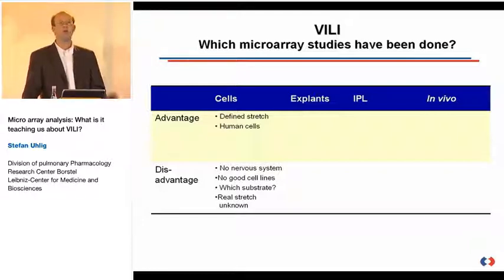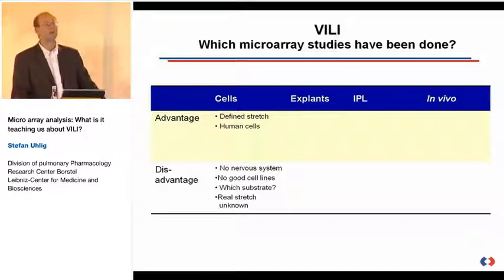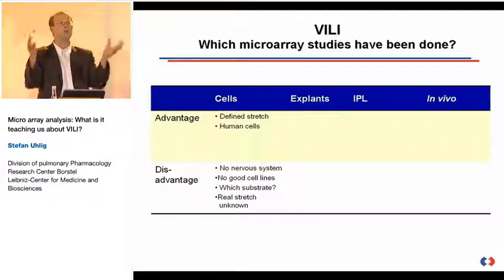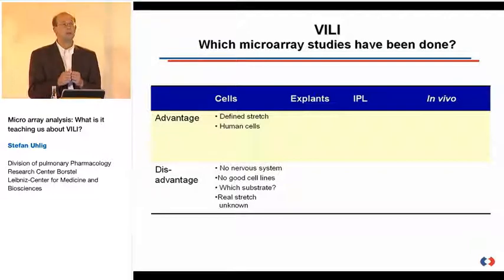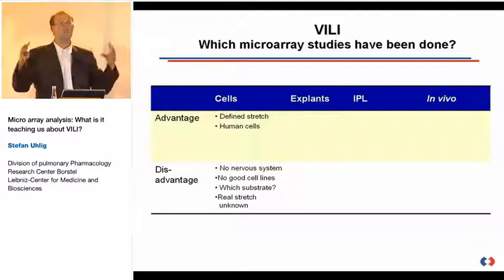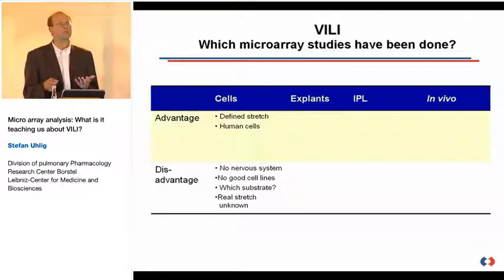Gary gave a beautiful presentation yesterday of the different models of what happens when the lung is breathing, and there are all kinds of ideas. It could be that the alveoli distend, but it could as well be, as Gary is saying, that the alveolar ducts are increasing. So we really don't know which cells change in size, and we have no idea to what extent they do that. So at this time it also requires a lot of assumptions to take cells into culture and stretch them.